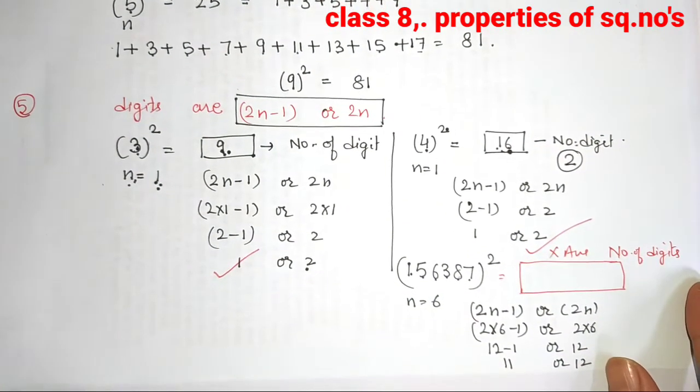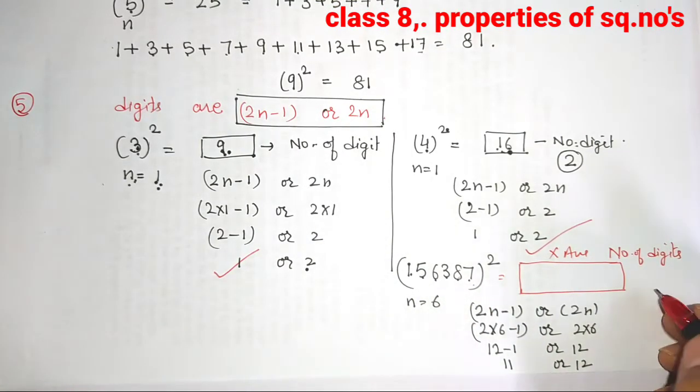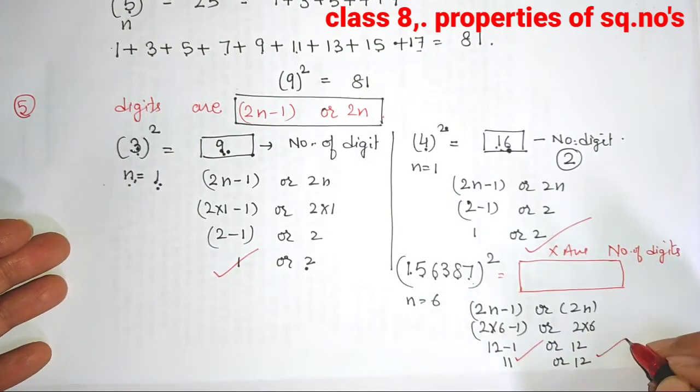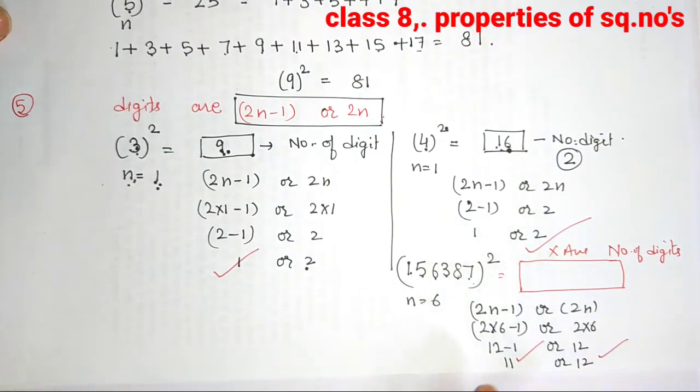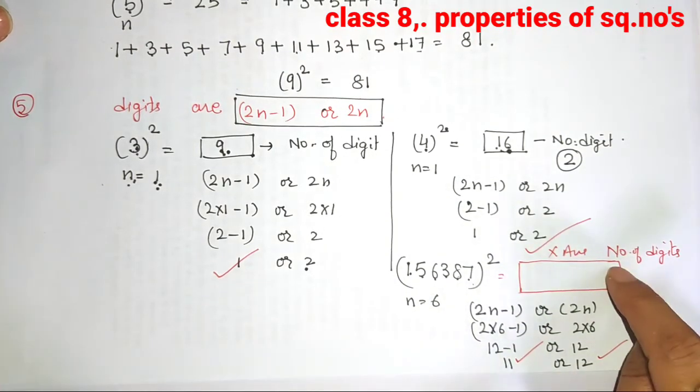It means when you square this number, you may get 11 digits in the answer, or you may get 12 digits in this answer.